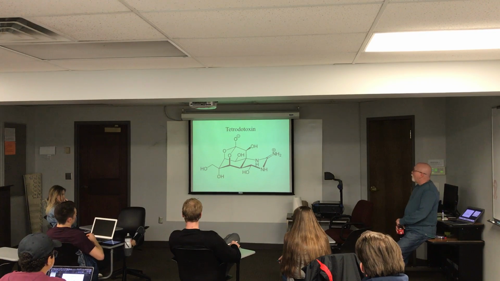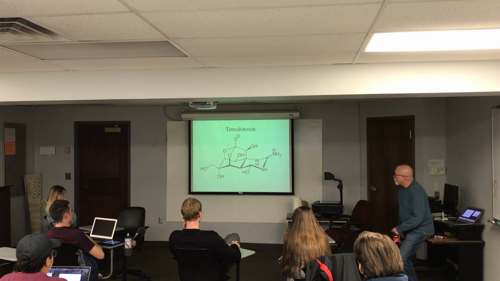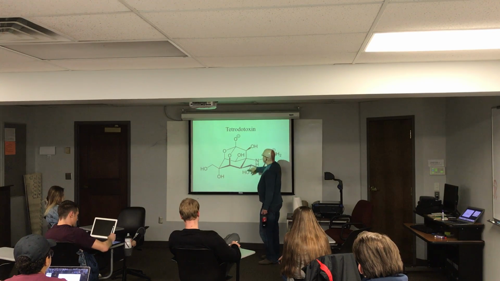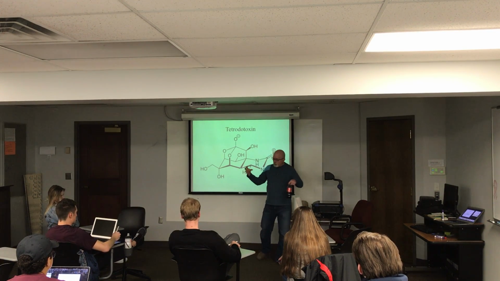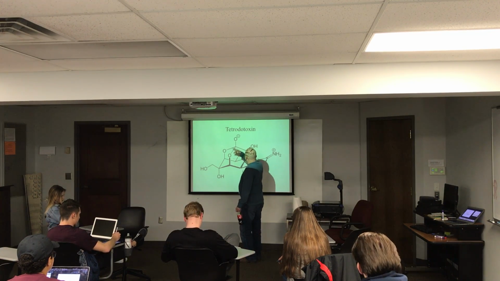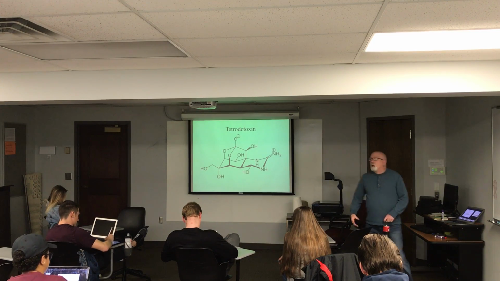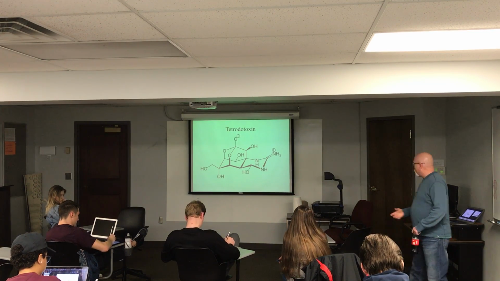Partial negatives on the OH. Oh my God, partial negatives on how many OH groups? Or partial positive charges and partial negative charges on all these OH groups? On all these OH groups, you have sticking off of the OH a partially positive hydrogen jutting out away from all three of the ring structures in this thing. You have a lot of positive charge in a tetrodotoxin molecule.